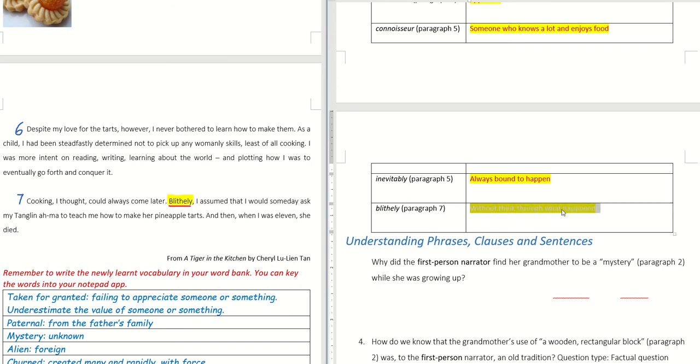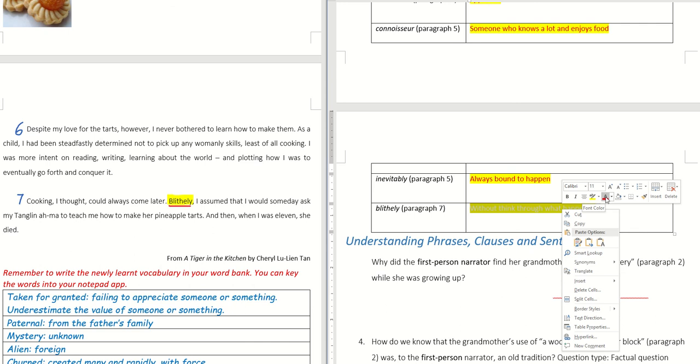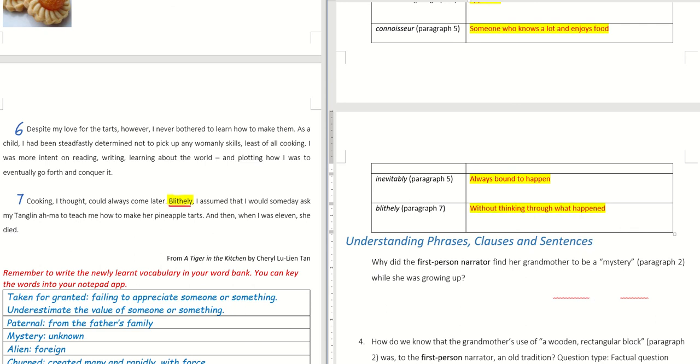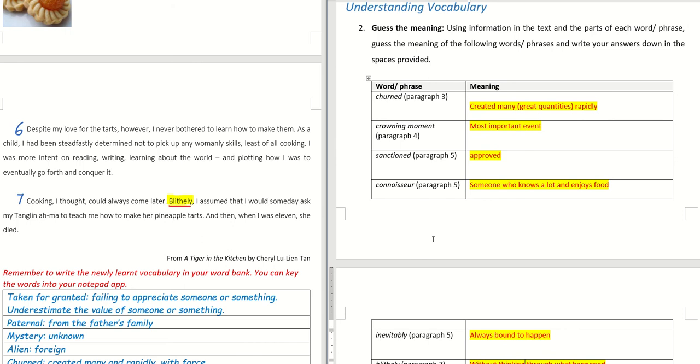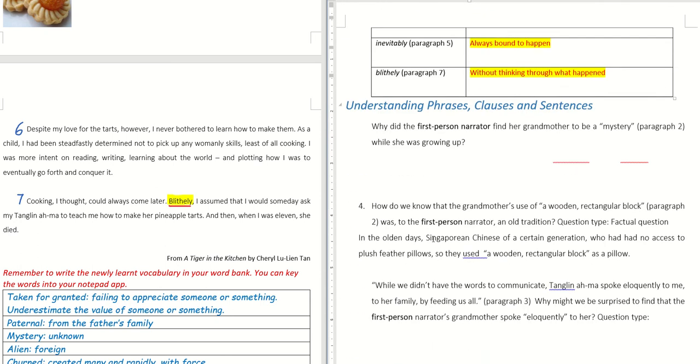So what does blithely mean? It is an adverb. Blithely means without thinking through what happened. So these are some of the words in the passage. They're a bit more complex, so I hope that going through this helps you to understand the vocabulary.